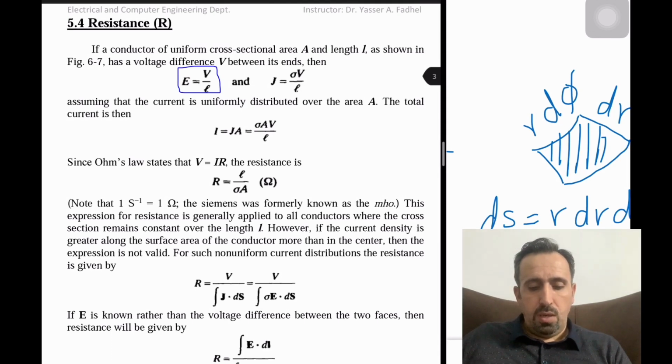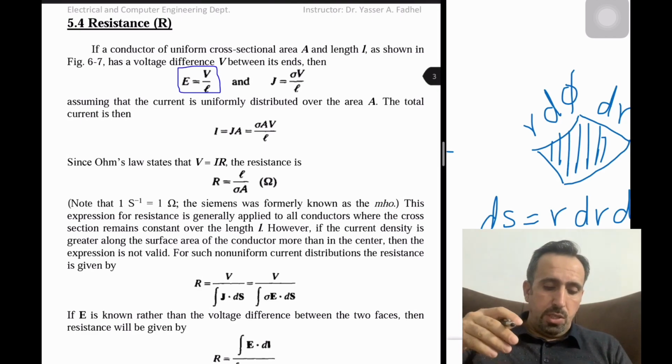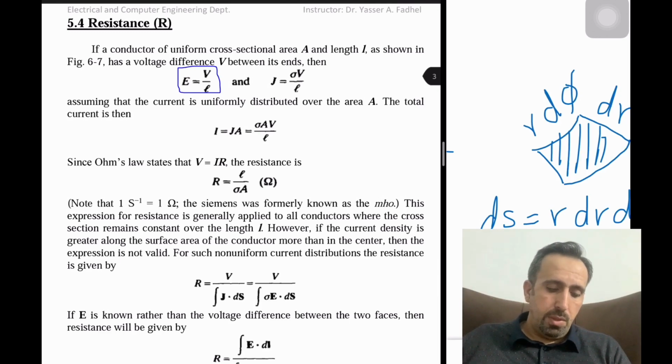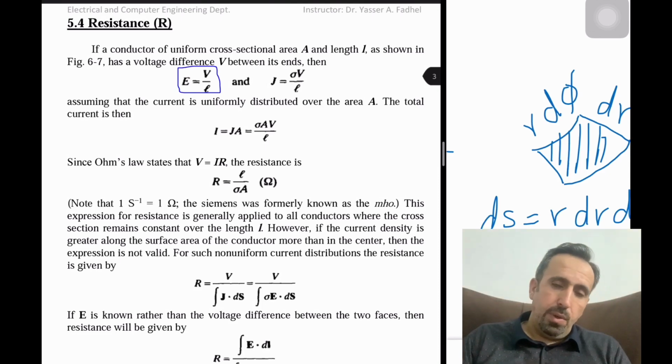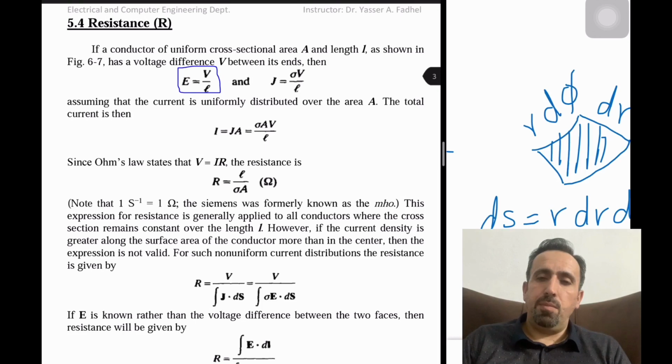Because it is a regular shape with the same cross-section area from start to end. So this assumption is correct; otherwise this simplification could not be used. Now E equals V over L, and from units it is correct, because the unit of electric field is volt per meter.